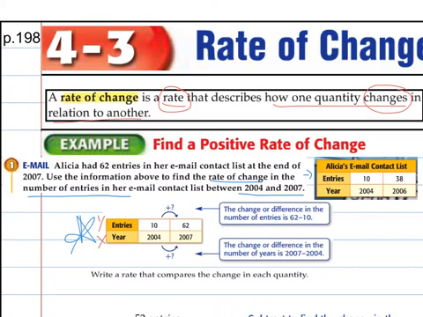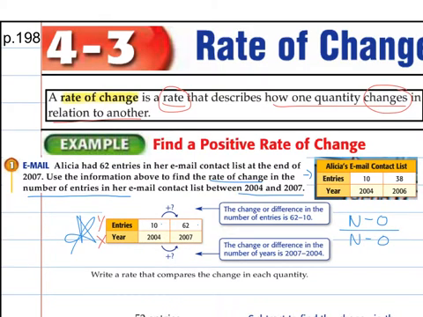So I'm going to look at what is the difference, and difference is subtraction, in the change from 2007, the most recent year, to the earliest year of 2004. Okay? So I always think of the rate of change as the new minus the original over the new minus the original.